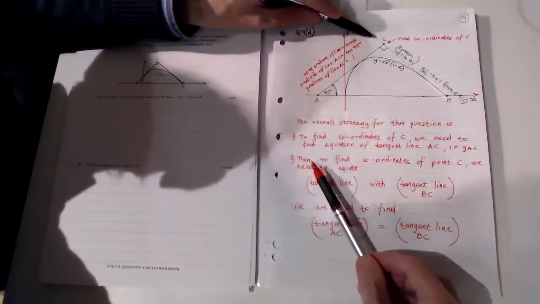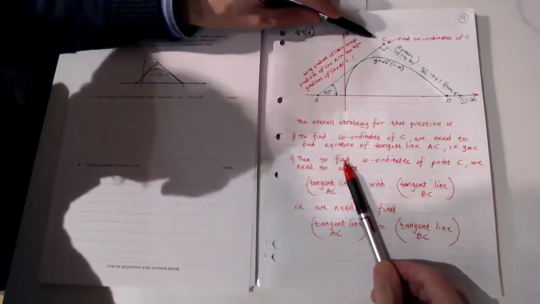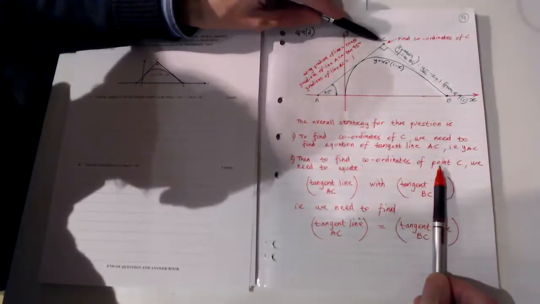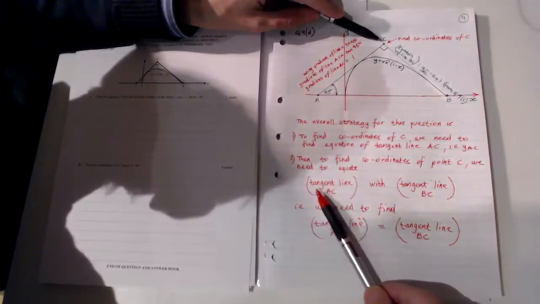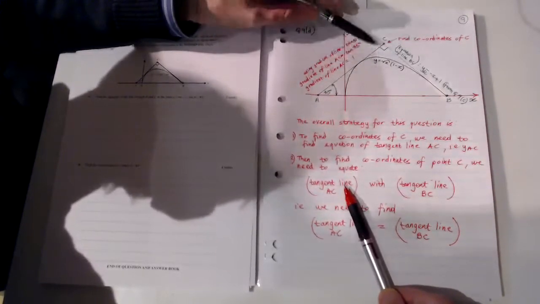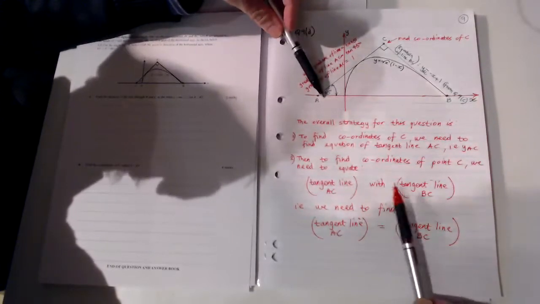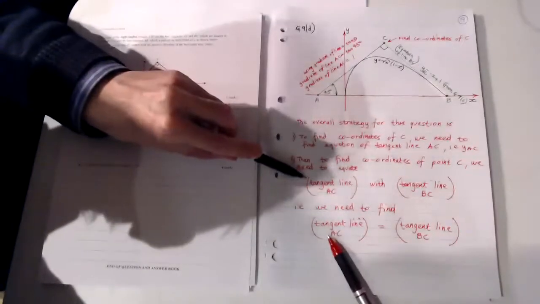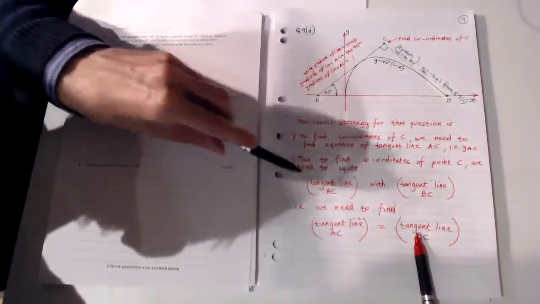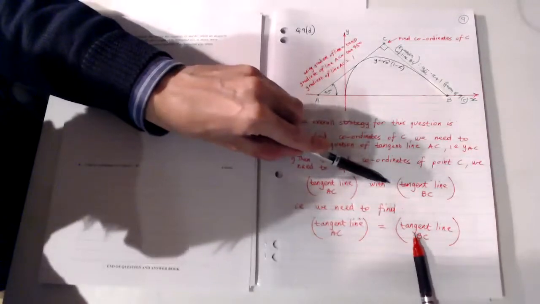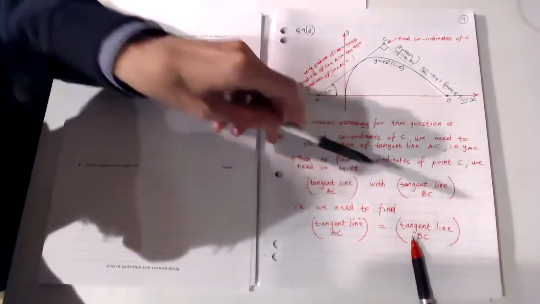Step two, we need to equate the equation of the green tangent line AC with the equation of the green tangent line BC.